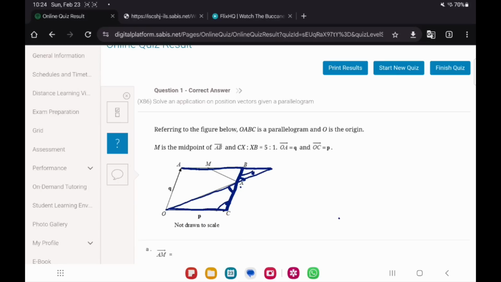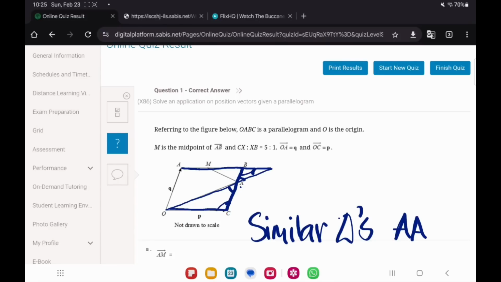Yes, it does. That means we have two equal angles. That means these are similar triangles by the AA postulate, okay?